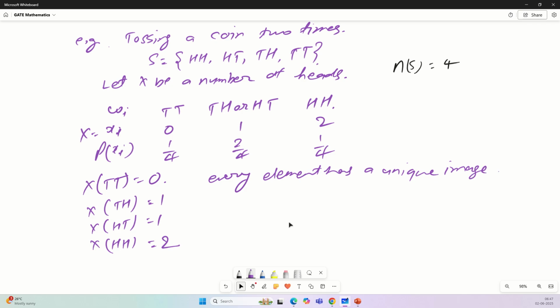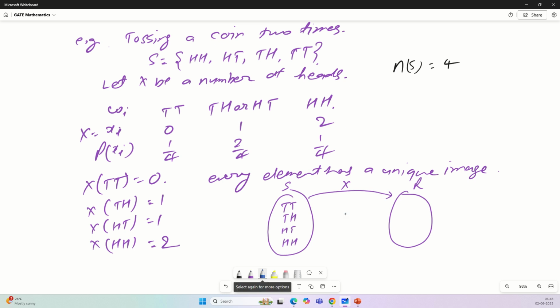Let us say you have here the sample space and here the range. This is the relation that is represented by random variable X. We have the sample space: tail tail, tail head, head tail, and head head. Now what are the possible values?